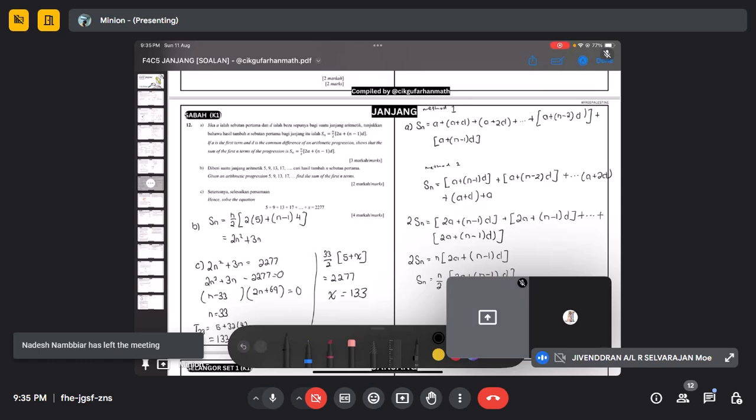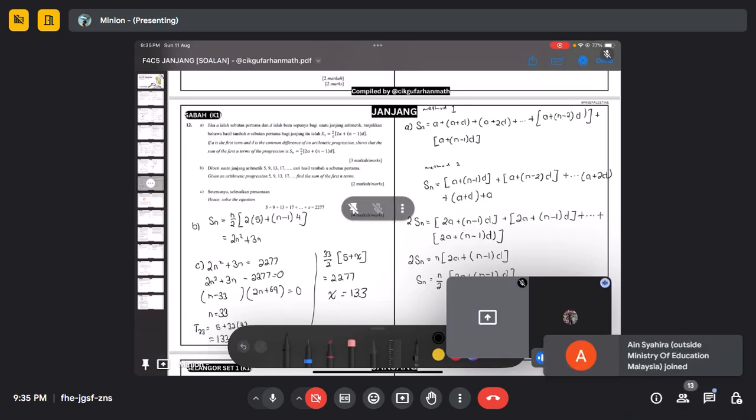Okay, so for the A question, it's proving or deriving. So we have taught in the last class, so you should know. Since they say arithmetic progression and they want us to show the Sn formula, list out Sn in ascending order and Sn in descending order, and then you add both of the equations together and then you solve and then you get the formula.